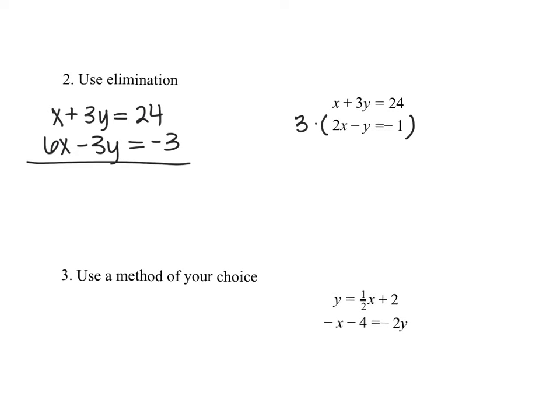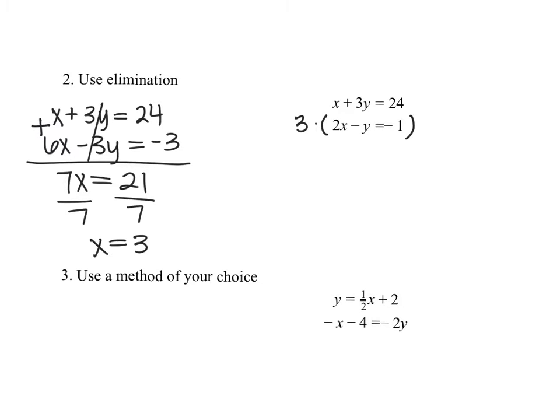Now remember, we always add the two equations together. X plus 6x is going to become 7x. The whole entire point of elimination is to eliminate a variable. In this case, it's the y's, equals, and then we get 21. We're going to divide both sides by 7, and we get x equals 3.